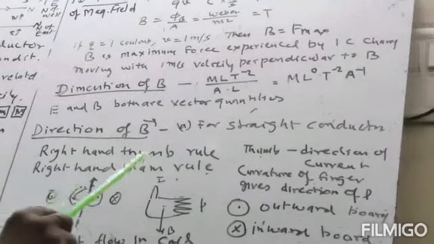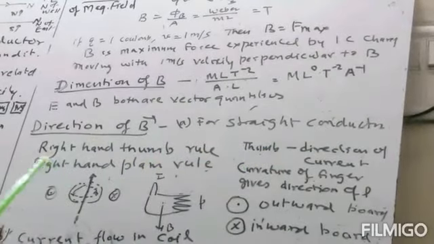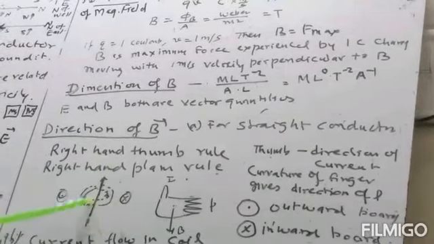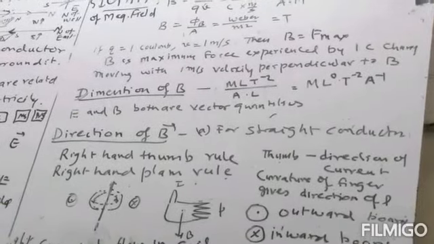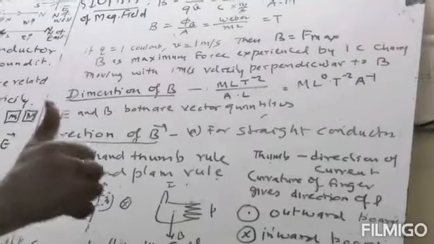Now if the current-carrying conductor is a straight conductor, suppose this is the straight conductor, we can use the right hand thumb rule. Suppose this is the right hand and this is the thumb.